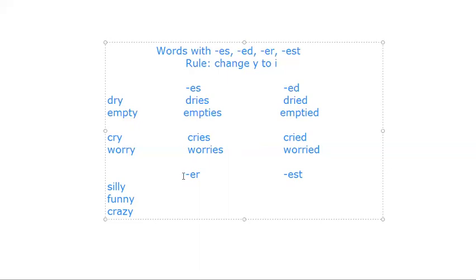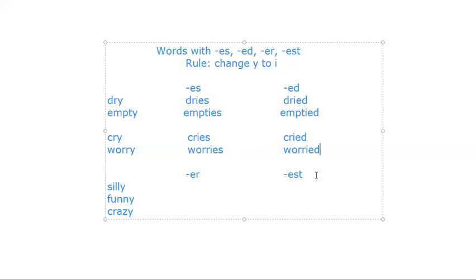So I also want to talk about our er and our est endings. If you remember from probably about a month ago, we were comparing words with er and est, and we talked about the word smaller and smallest. We would have said that if you wanted to compare one thing to something else, you added er.